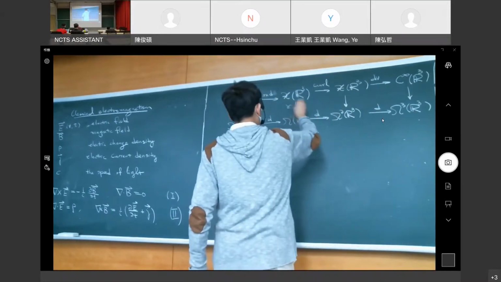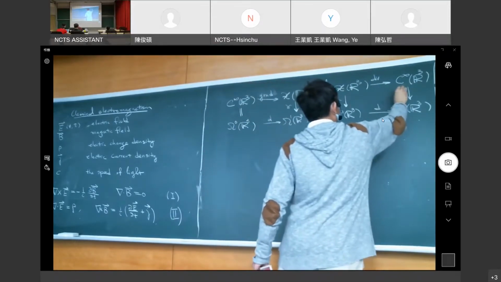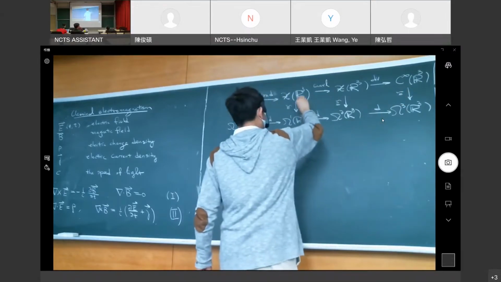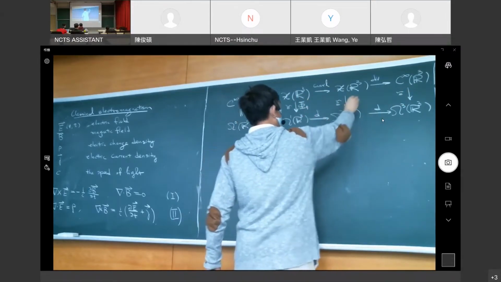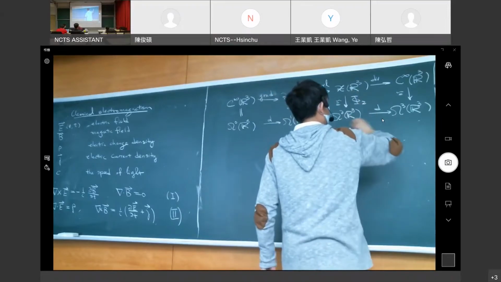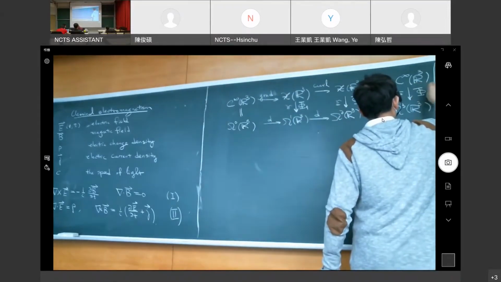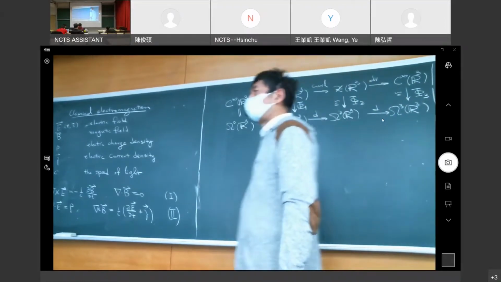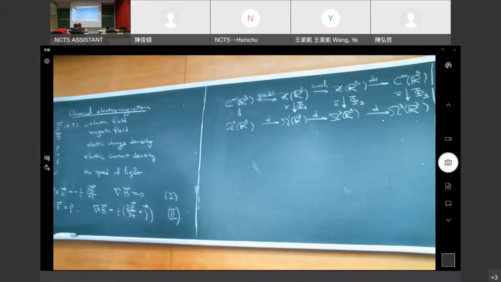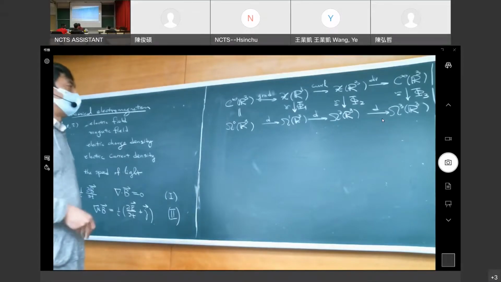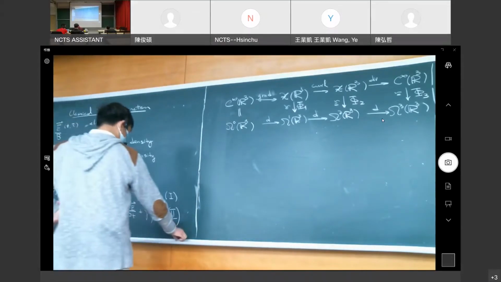And I'm going to denote the isomorphisms by the degree of the differential form. And it's very easy to write down the isomorphism.